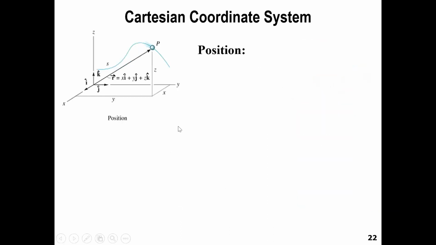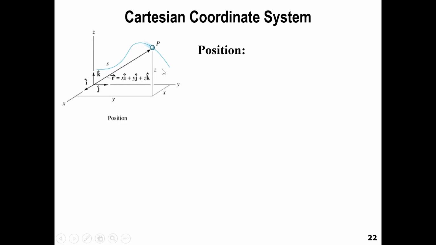So the first coordinate system, which you're familiar with quite well, is the Cartesian coordinate system. Remember, we said if we want to understand the motion of a particle, we need three things to know: position, and if you make displacement part of position, then velocity, then acceleration.